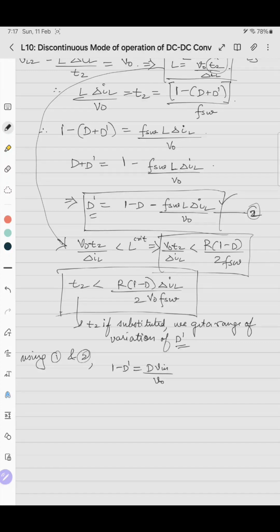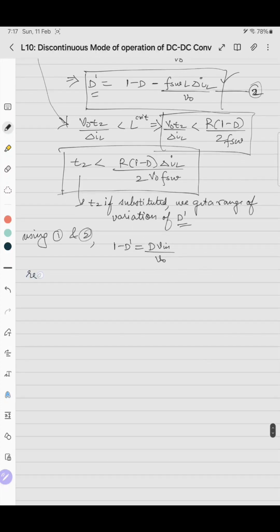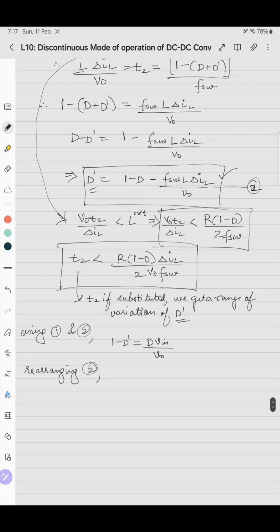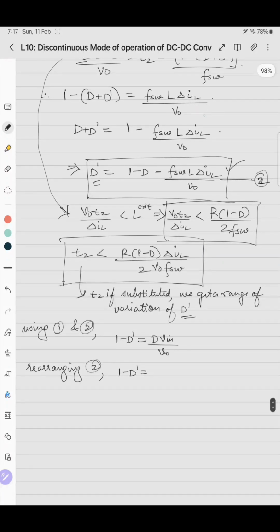On rearranging 2, what do we get? 1 minus D dash equals D plus F switching L delta IL by V naught.